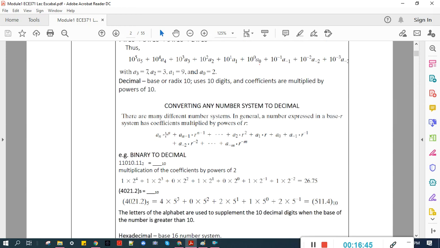For binary, our R is 2. For hexadecimal, our R is 16.